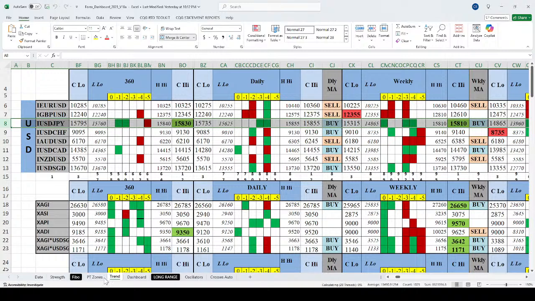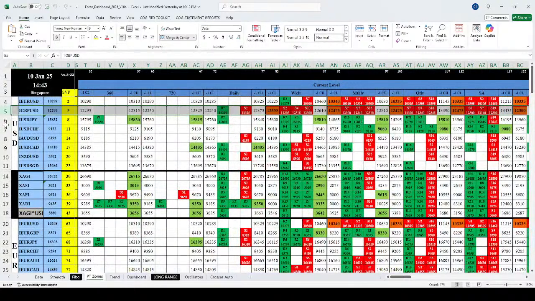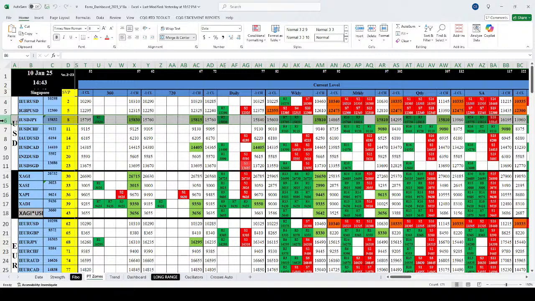Now let's look at the PT zones. The PT zones are saying your 6 hours is getting some momentum. Then daily has no selling force involved. Weekly, monthly, quarterly, all have no selling force involved.